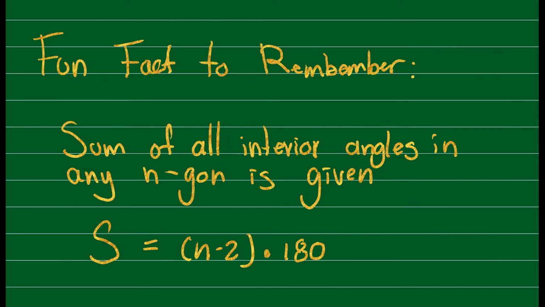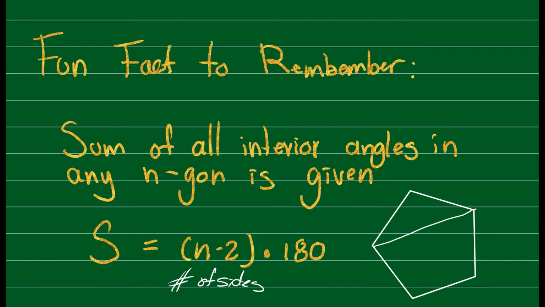So this is a nice little fun fact to remember, that the sum of all interior angles in any n-gon is given by S equals n minus 2 times 180, and n is the number of sides. And this makes a lot of sense, because here, if I give you this figure, we can always create one triangle, two triangles, three triangles.